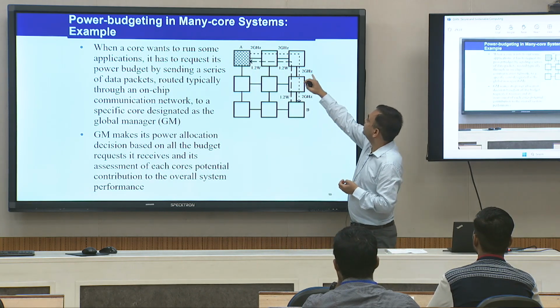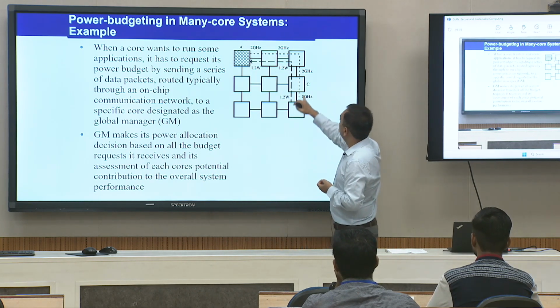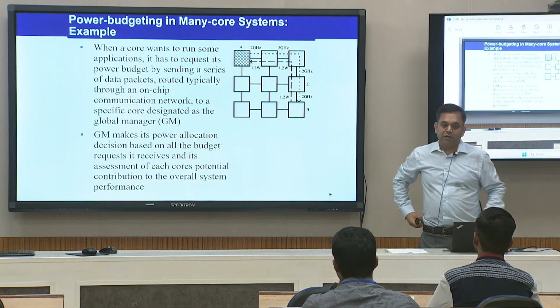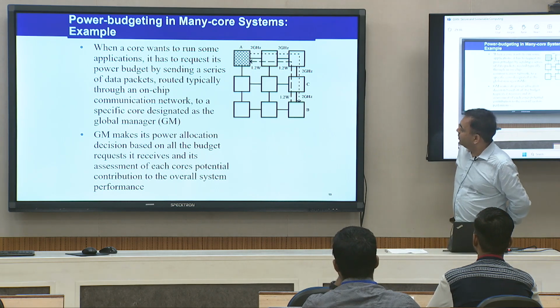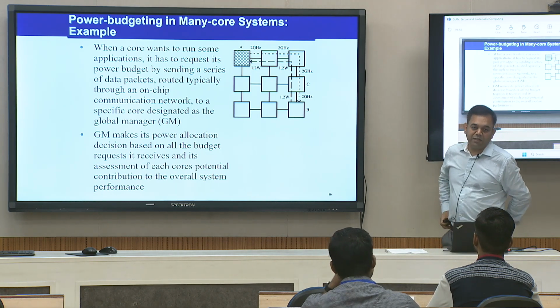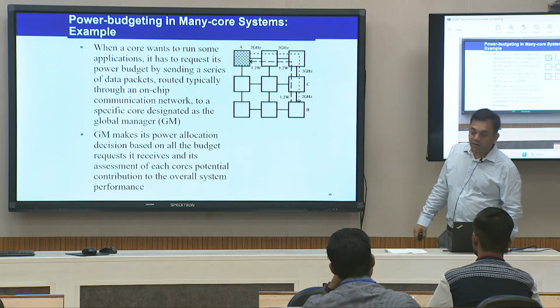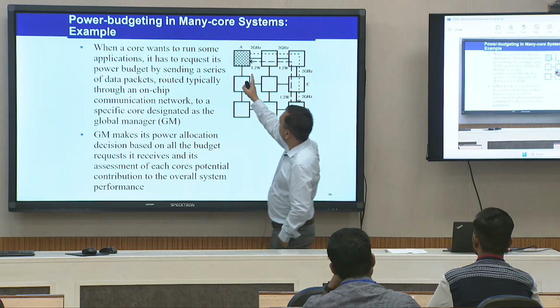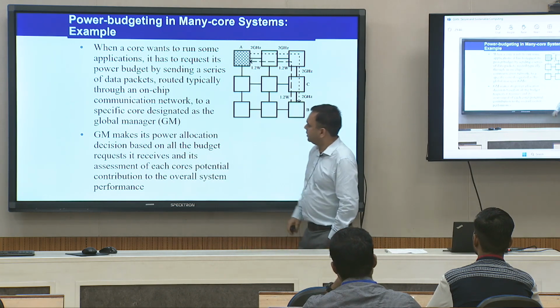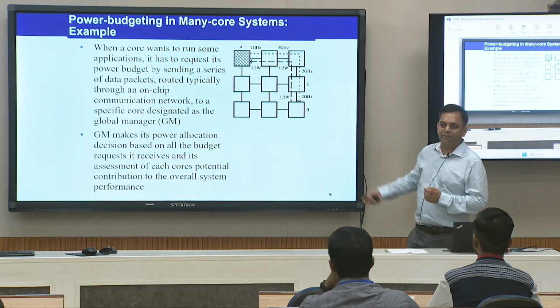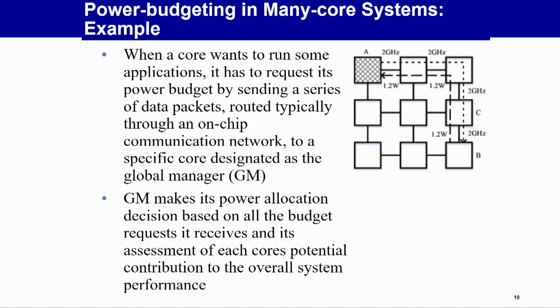So the manager returns a response to core B saying you can run at 2 gigahertz. But it might be that it cannot get that much, because other cores are also requesting. The manager makes its decision based on all the requests coming from all the different cores, and makes the allocation in a way that maximizes the overall performance of the system.